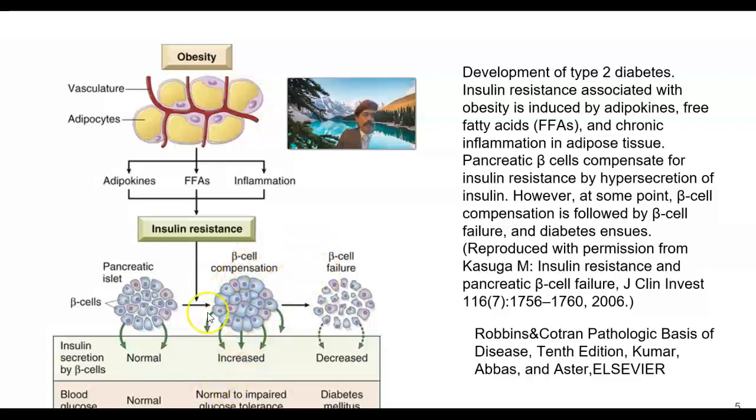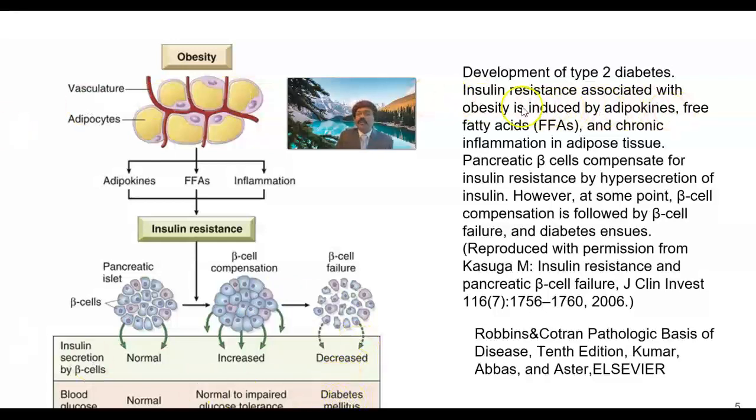There will be compensation by the beta cells of the islets of Langerhans, by increased beta cell number, function, formation, or enlargement of the beta cell. But eventually there will be decreased beta cells, decreased function of the beta cell, decreased secretion in diabetes mellitus.